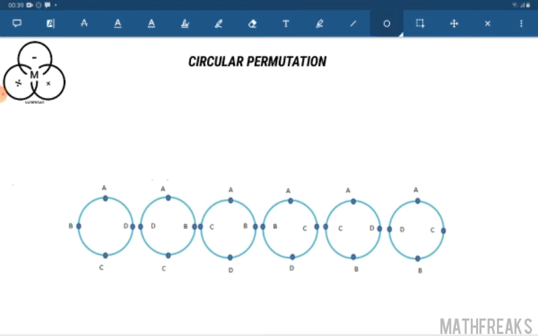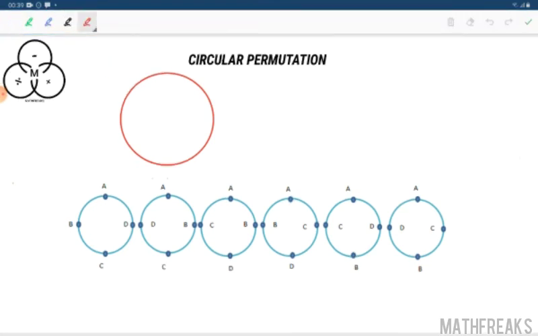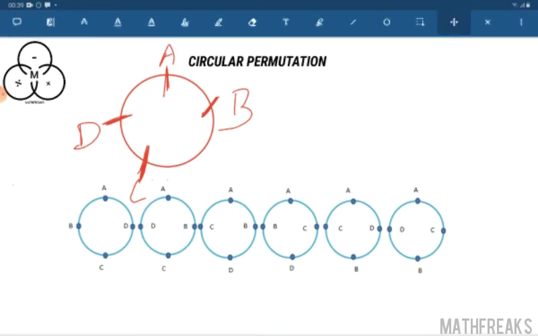Whenever we are considering a circle, suppose here is a person, say A, B, another person C, another person D. This arrangement ABCD, another arrangement let us consider.